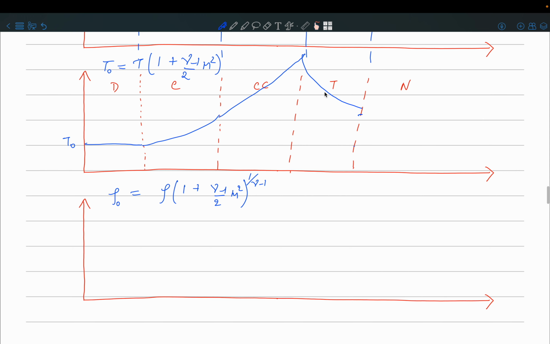So the drop of stagnation temperature in the turbine will not be so much, and then in the nozzle it's going to remain same. So there's a lot of difference in the inlet stagnation temperature and the exit stagnation temperature. Is this clear?